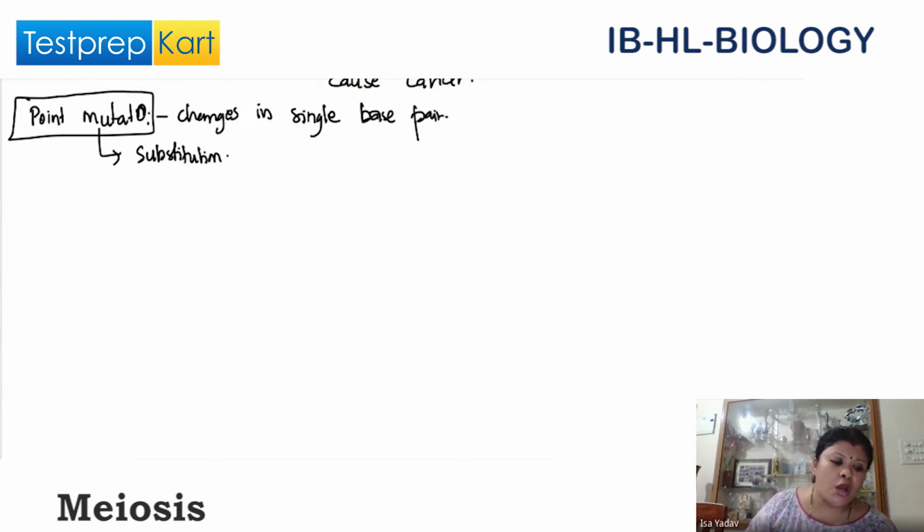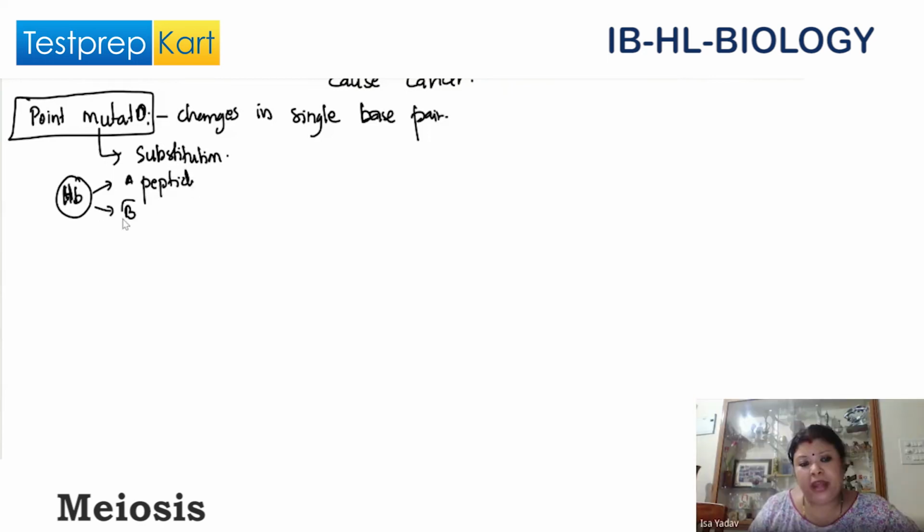So how does sickle cell anemia occur? Now, in our hemoglobin, you know what hemoglobin is, right? We have the alpha peptide chain and we have the beta peptide chain. Whatever changes or mutation occur is in the beta peptide. So what happens?